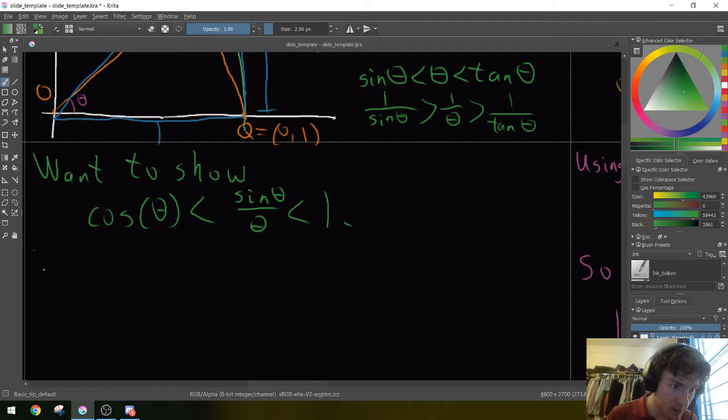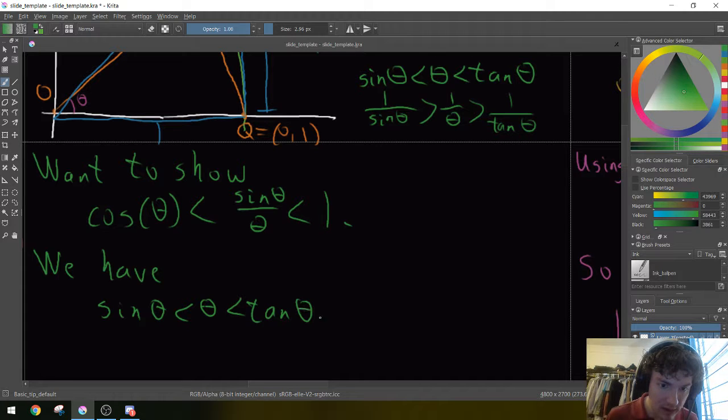We have sine theta less than theta is less than tan theta, and 1 over tan theta is less than 1 over theta is less than 1 over sine theta.